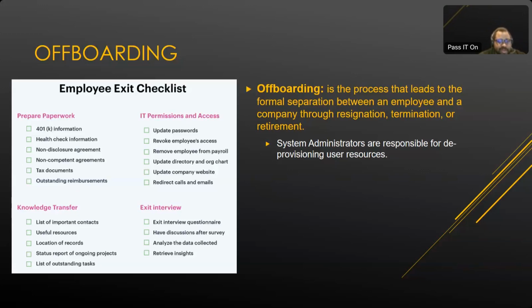There's a number of systems that need to be addressed that we as admins potentially are the ones managing. So again, even in this offboarding process, these HR processes, systems administrators are going to play an important role, because in this idea of user account and user account permission control, we're sort of running point.